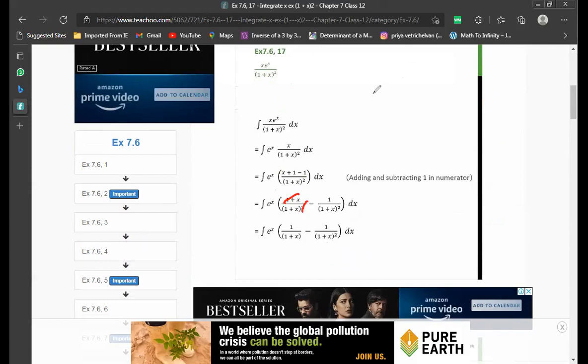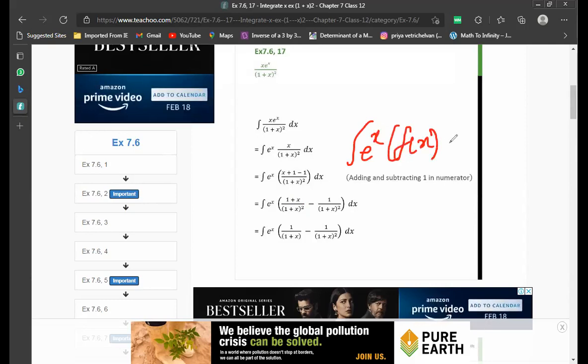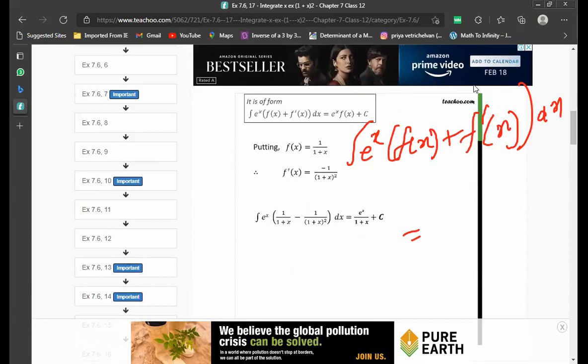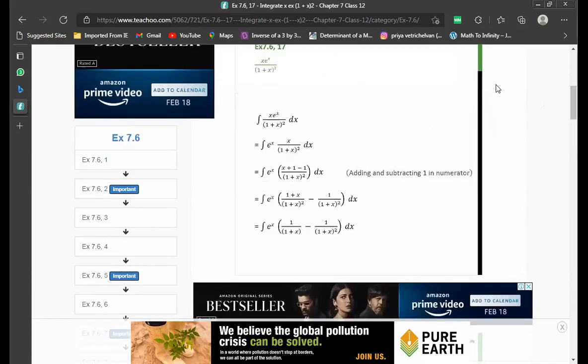I think you are very familiar with this. Do you remember? Integral e power x into f of x plus f dash of x dx, which can be written as e power x into f of x. So it is in that form. The thing is, you have to find f of x.